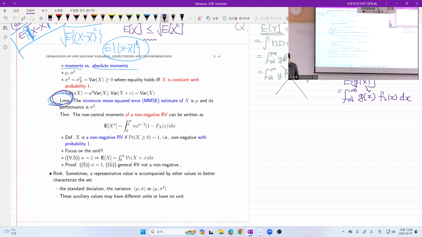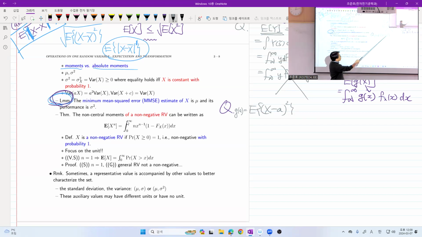Now, think about this question. Given a random variable X, you consider a function of a, so a is a real number you want to choose.